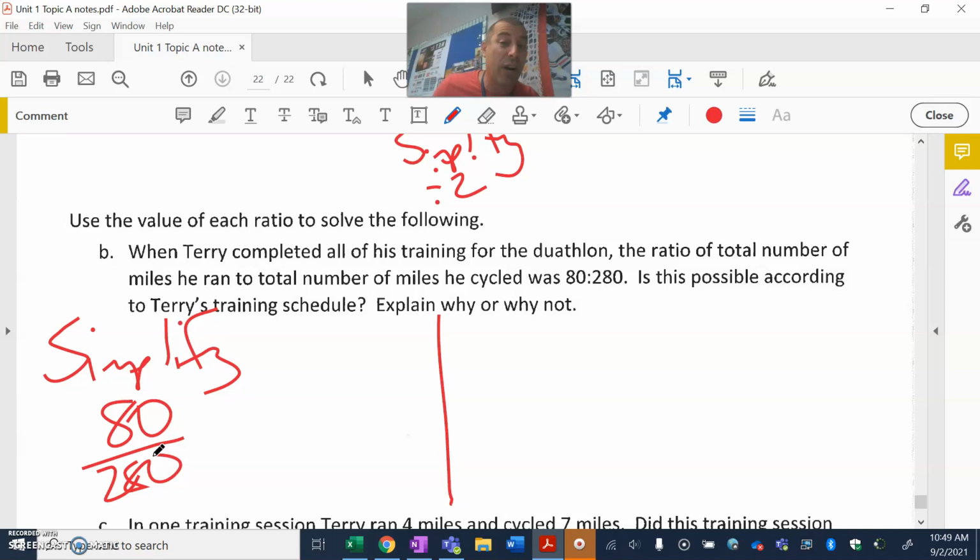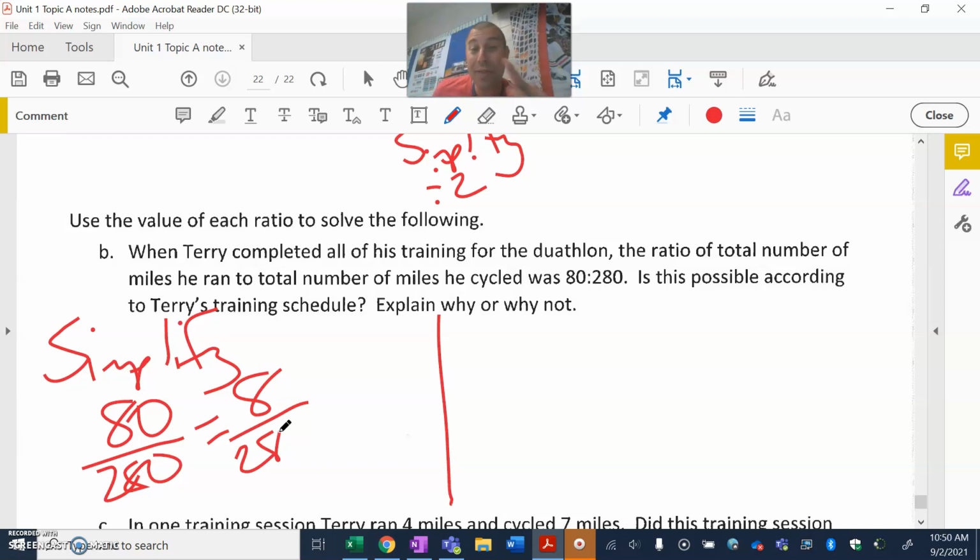All right? So 80 to 280. Again, I'm a fan of writing it as a fraction. They both end in zeros. So who can we divide by? 10. Yes. So if I divide by 10, it's nice. Make your elementary school teacher proud, people. Those zeros at the end, you should get an 8 and you should get your 28 that's there. Now wait, there's more. They're both even numbers. You can divide all even numbers by 2.